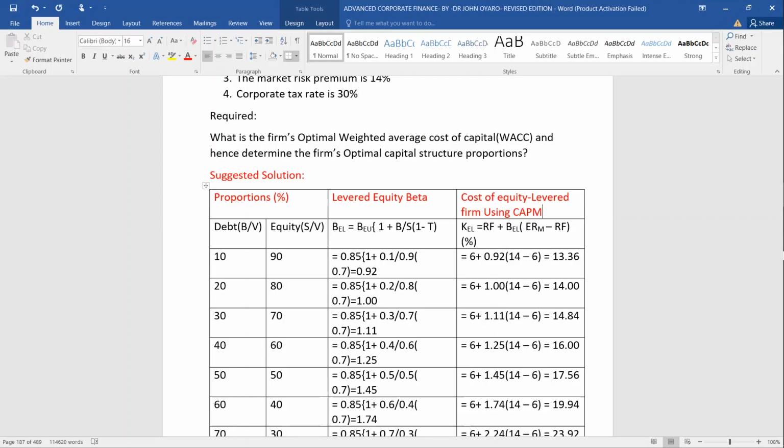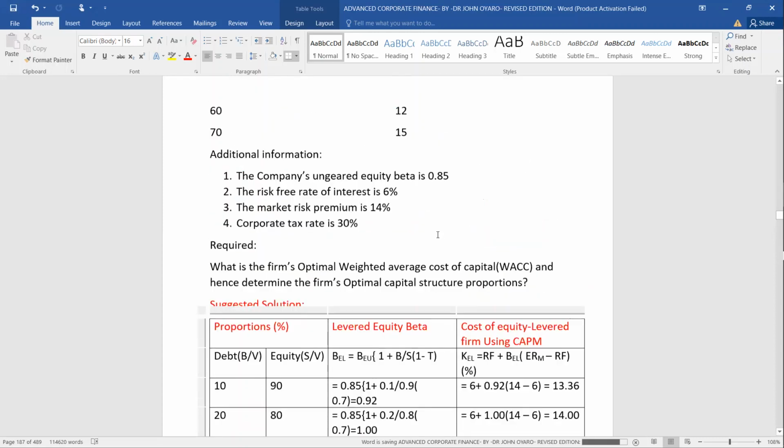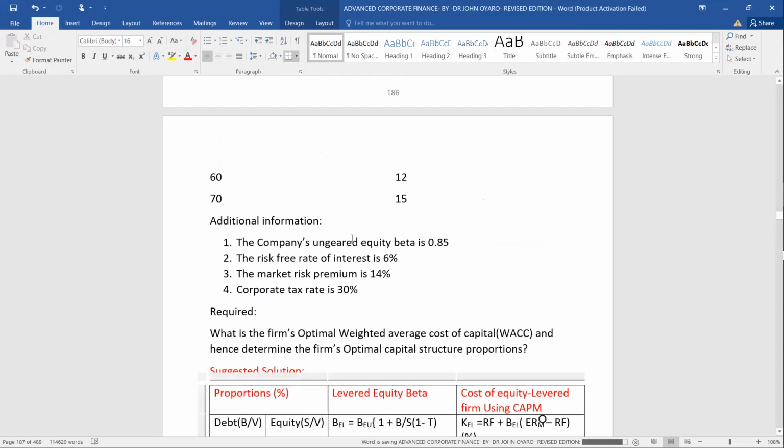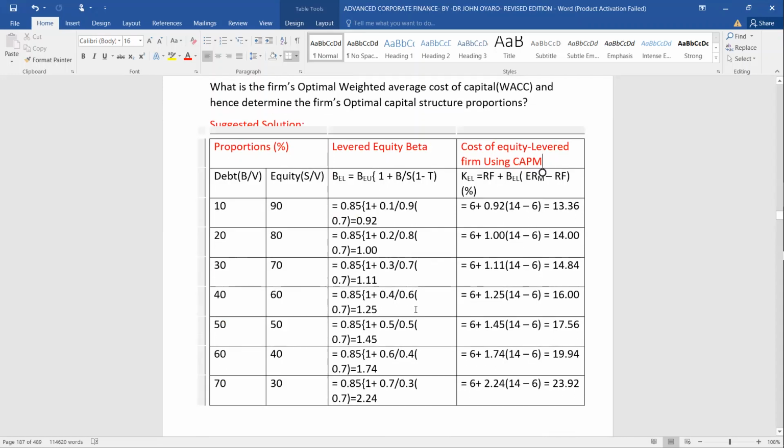In the light of the information given, it is very clear, ladies and gentlemen, that we shall use the capital asset pricing model to find the cost of equity. We're given ungeared equity, but this company is levered. So we bring in the Hamada model to find beta coefficient of equity of a levered firm.